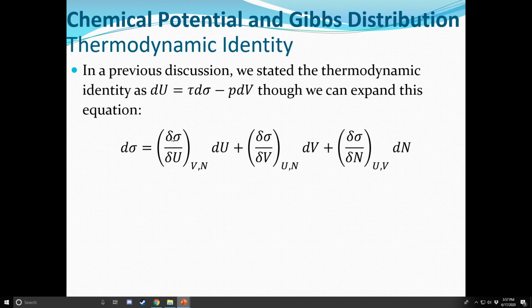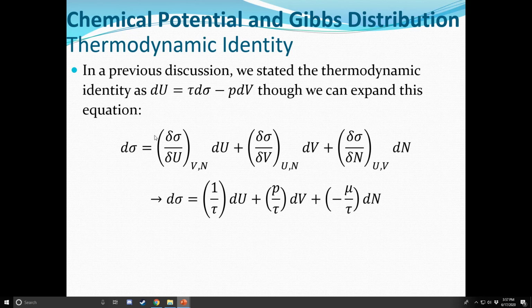Going back to our entropy equation from before, plugging in what we have for mu, for example, this we already know is 1 over tau, this from our previous work is p over tau, and this is negative mu over tau. So we end up getting this. And then what we can do is just multiply tau across the board.